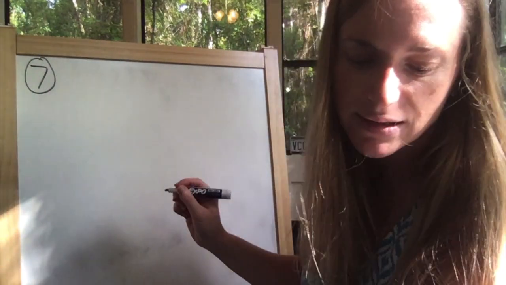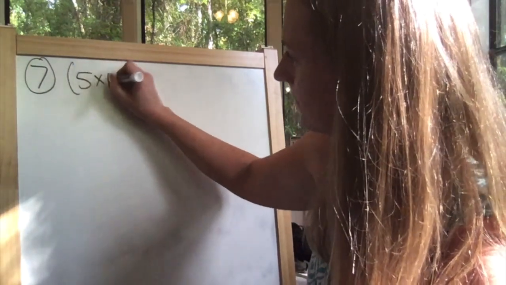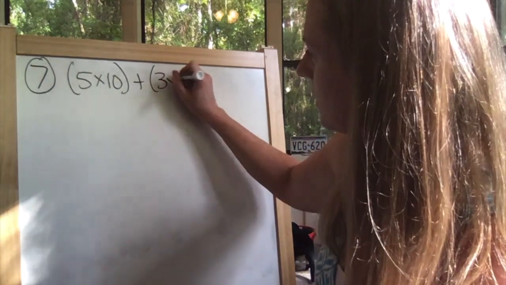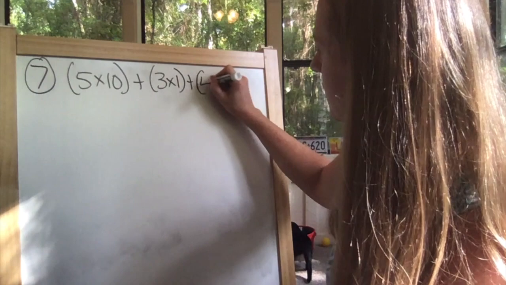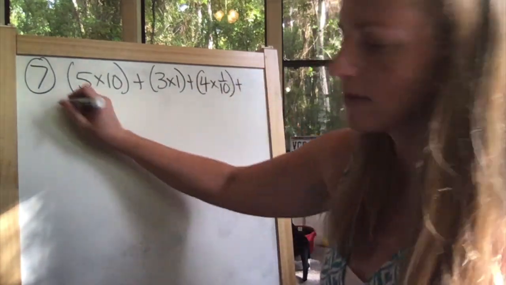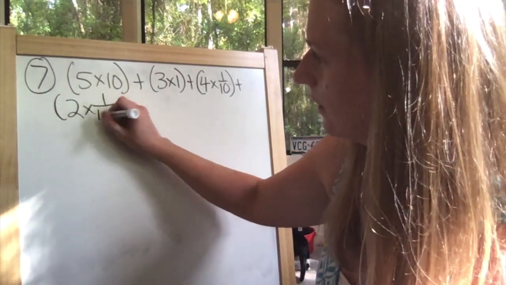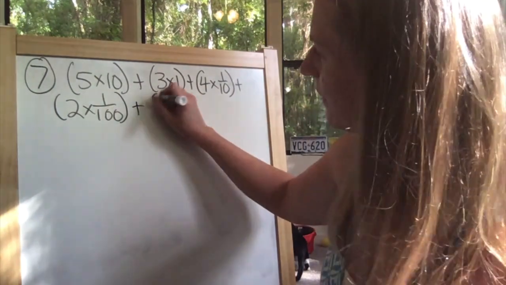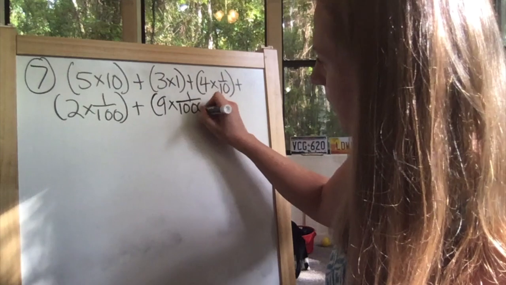Number 7, it says parentheses 5 times 10 plus parentheses 3 times 1 plus parentheses 4 times 1/10 plus parentheses 2 times 1/100 plus parentheses 9 times 1/1000.